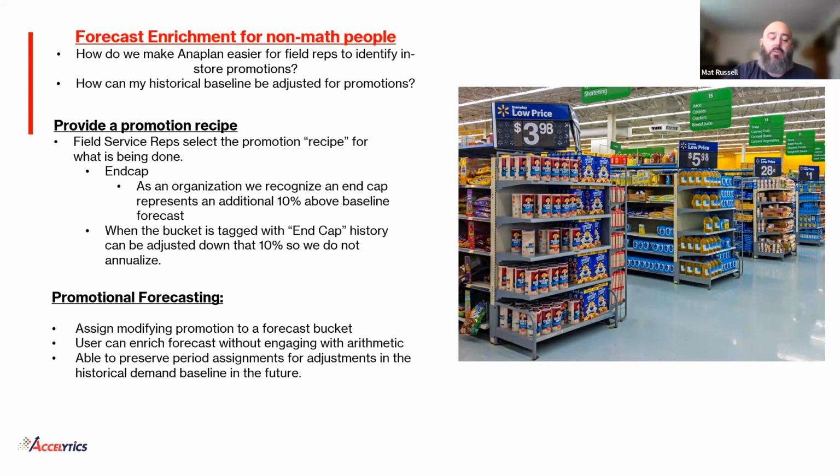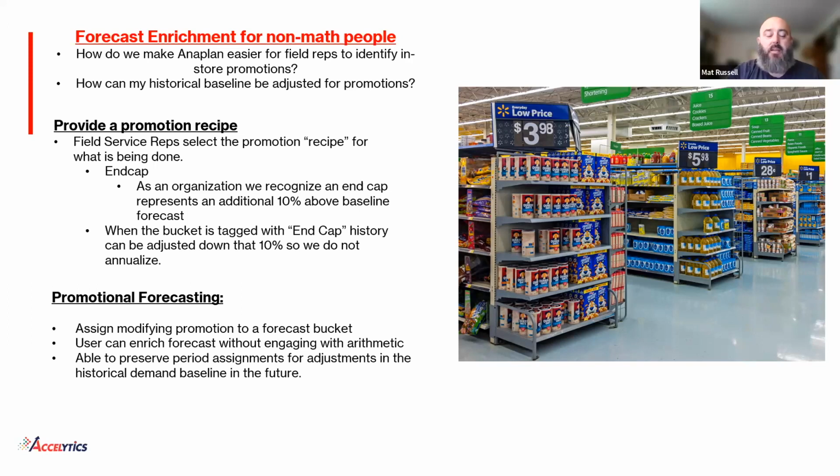And so one of the solutions we found very effective is we've just provided a promotion recipe for the field service reps. So in this instance that I have here, the field service rep goes, I know I have an end cap at this door from March 1st to April 1st. And he can go in and he can mark end cap in as his improvement.